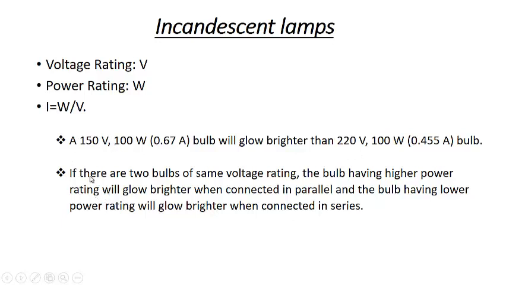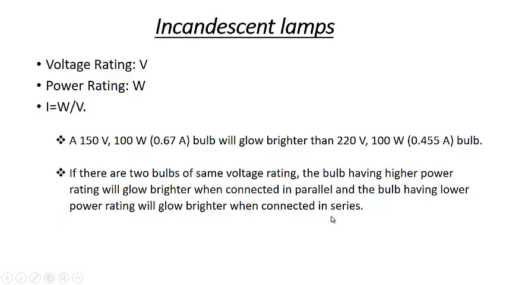One more piece of extra information, which I have perhaps told you earlier in the very first chapter: if two bulbs of the same voltage rating are there, the bulb having the higher power rating will glow brighter when they are connected in parallel, but the bulb having the lower power rating will glow brighter when connected in series.